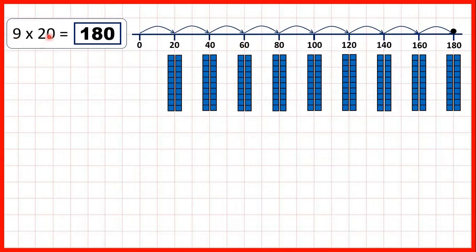So 9 times 20 is 180, because we know that if we had 1s instead of 10s here, 9 times 2 is 18. So if we have an end zero in our multiplication question, we can ignore it, do the multiplication, and then put an end zero on the end of our answer.